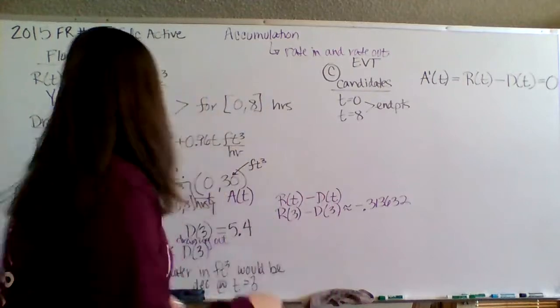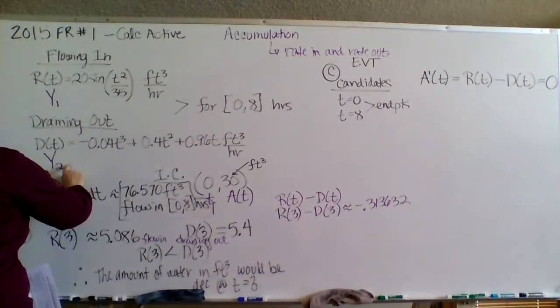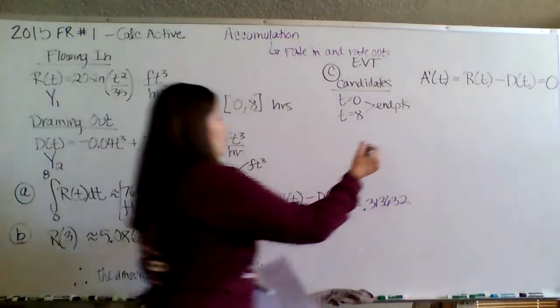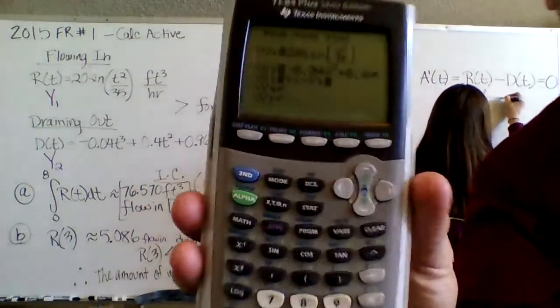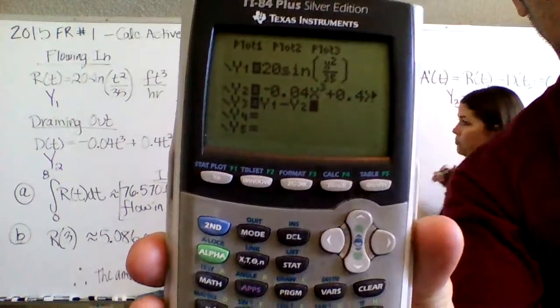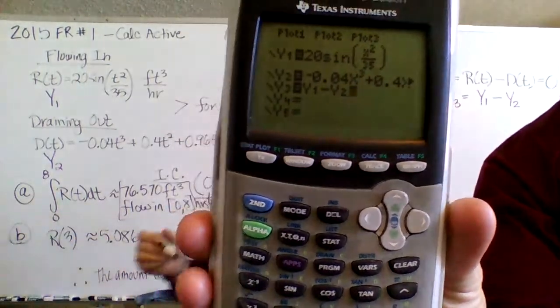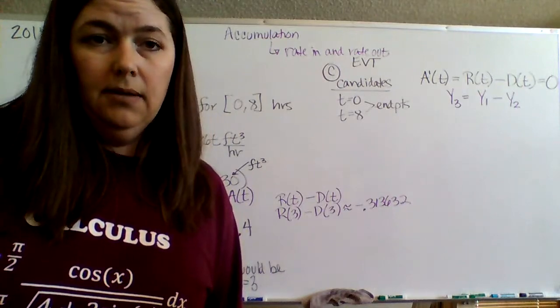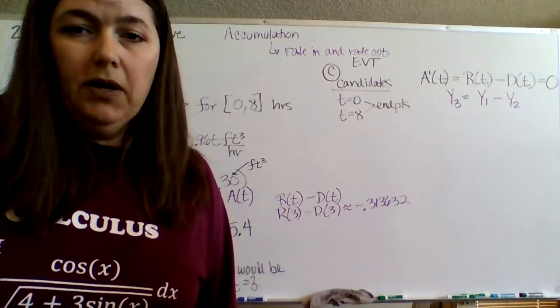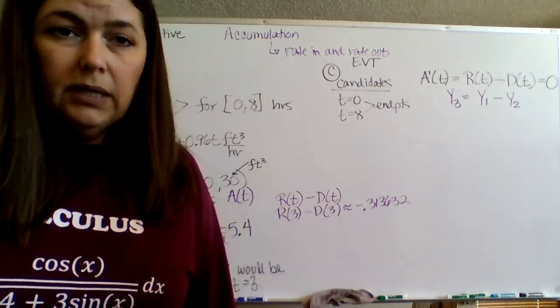But remember, if I have this stored in Y1 and this stored in Y2, then in Y3, I do Y1 minus Y2 and go back and turn off Y1 and Y2. So you're only going to be graphing Y3 at the end. So we can find all the times where it would equal 0.